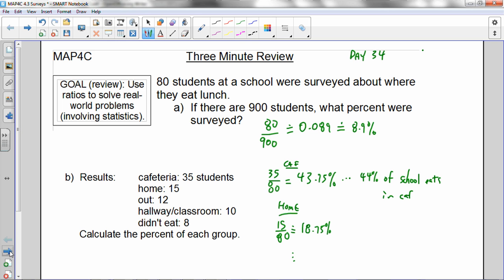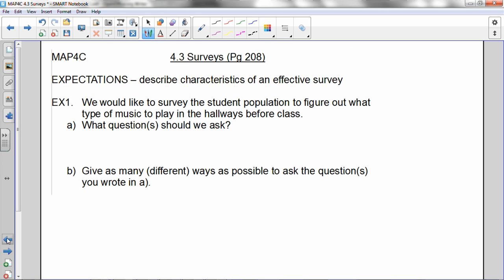On to today's stuff is a discussion on surveys. This lesson would have been better if we could do it in the whole class, because it's a discussion sort of thing. We'll discuss a bunch of things and talk about different people's ideas, because I think people have lots of good ideas about what surveys are, but unfortunately, you're listening to this on a video, and the only discussing you'll hear is with me.